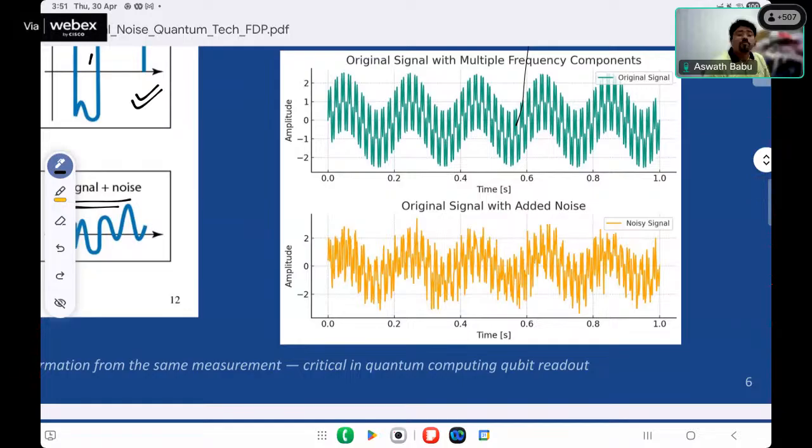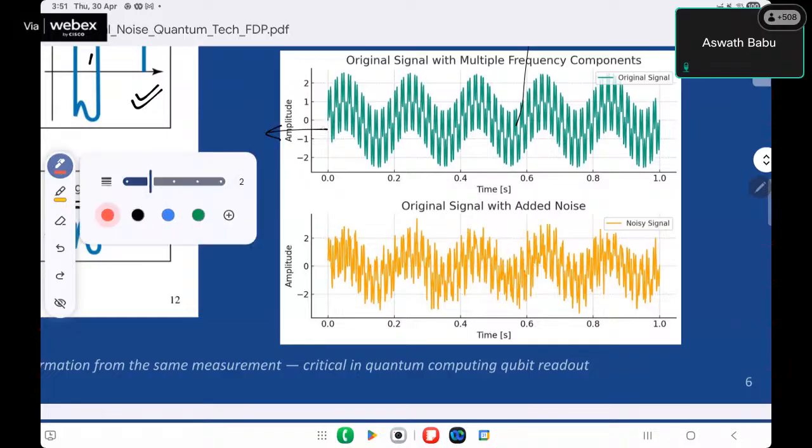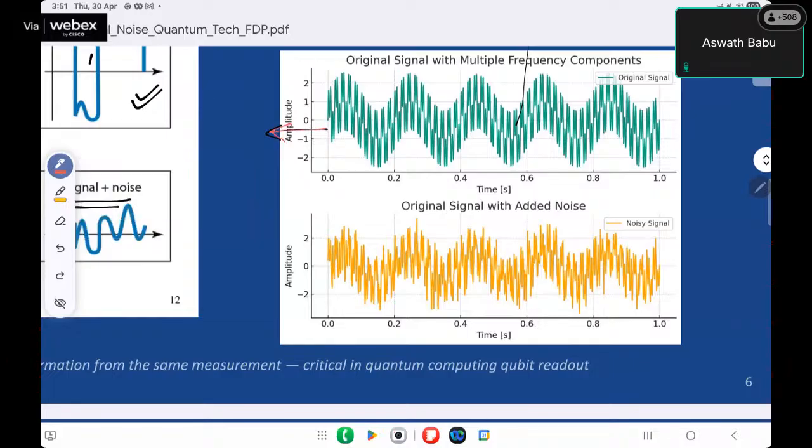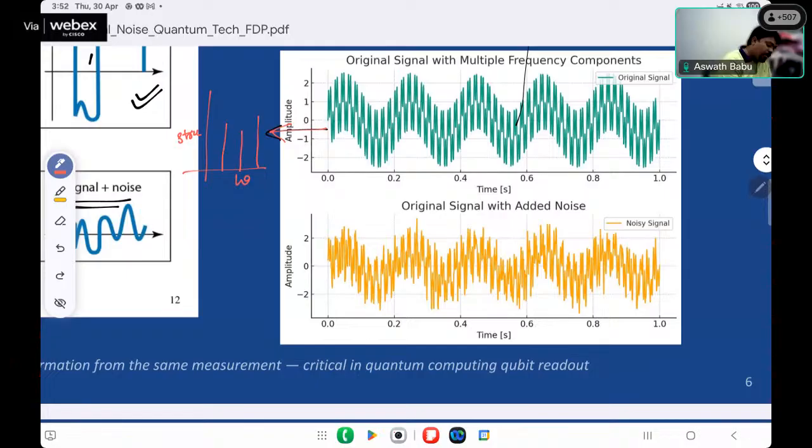If there are multiple nice sinusoidal frequencies with different fixed values, and you take a frequency spectrum of this one, let me take a different red color, frequency versus the strength, amplitude, if you draw, you get nice single peaks corresponding to each frequency.